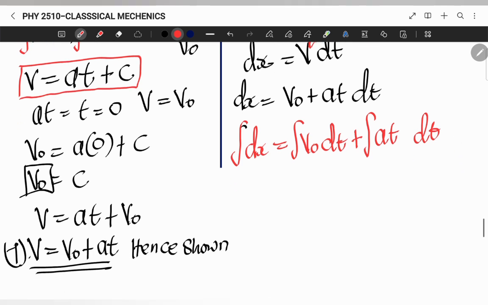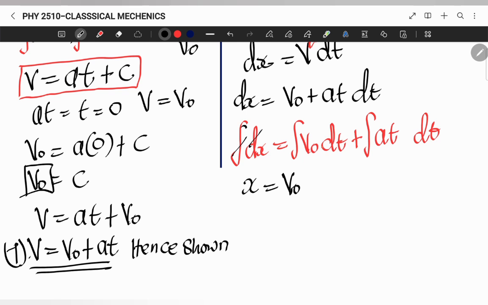All right, so what do we do now? The summation of the infinitesimal changes of displacement is going to give us just what? The total displacement. So this and that go, so x is equal to, then v naught is a constant, so it's going to come out, like that.